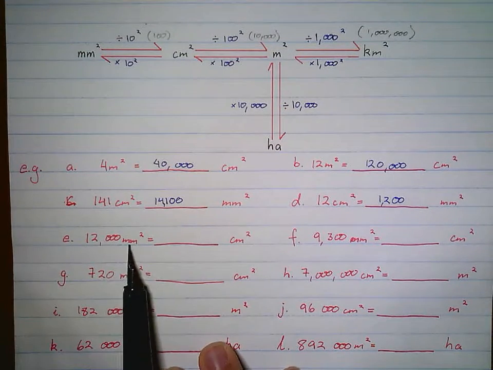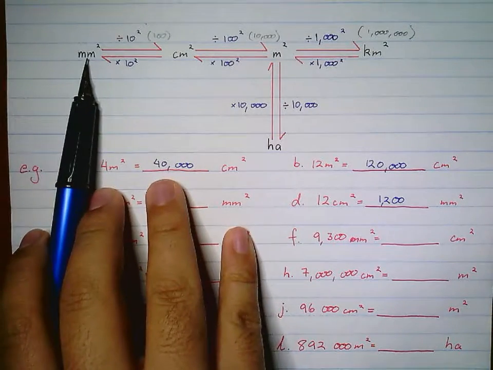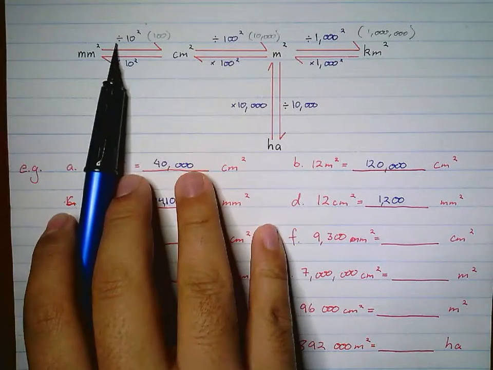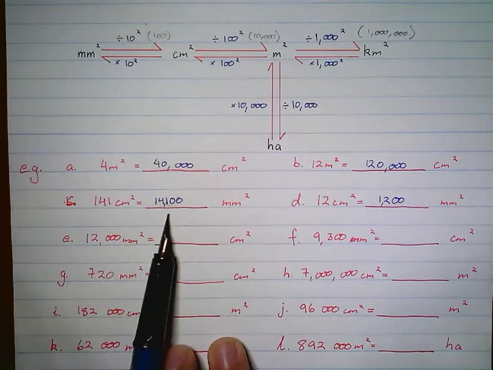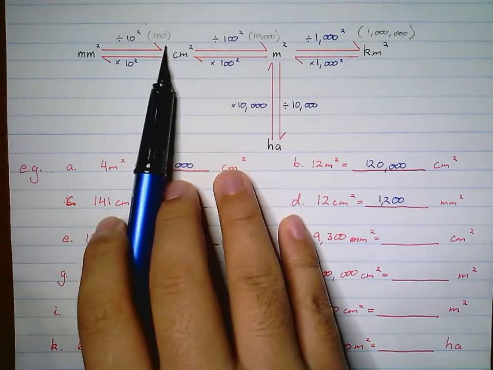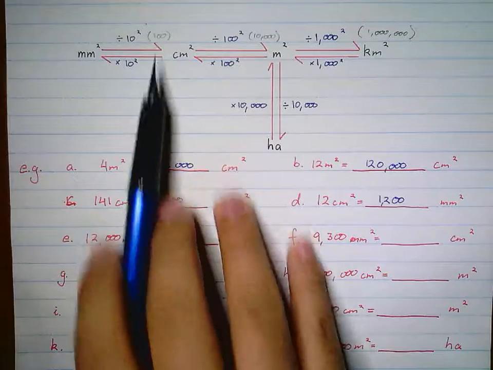This time we're going from millimeters to centimeters, dividing by 100. Oh, sorry, dividing by 100. Oh yeah, that's right, 10 squared, which is 100.